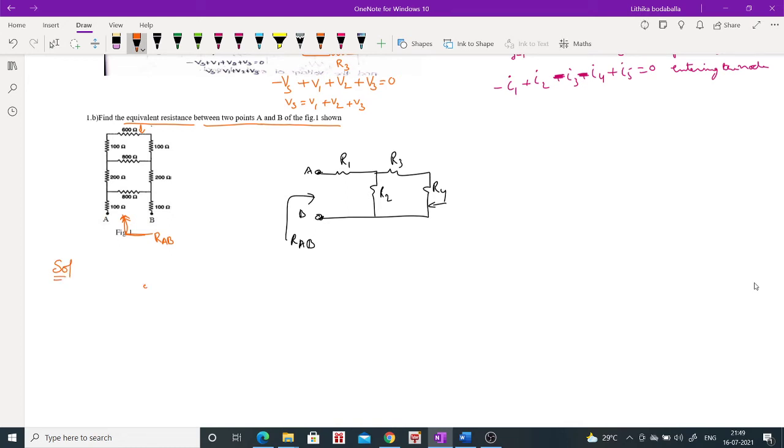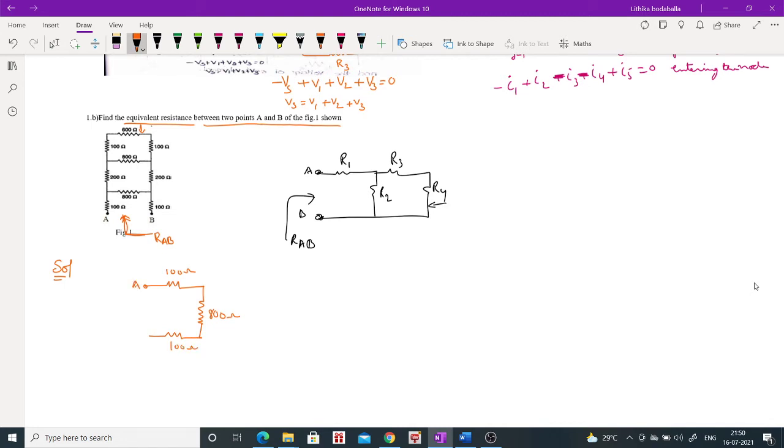So I am redrawing the same circuit. This is terminal A. After that there is a resistor which is 100 ohm, and after that there is an 800 ohm resistor here, and here there is a 100 ohm resistor.